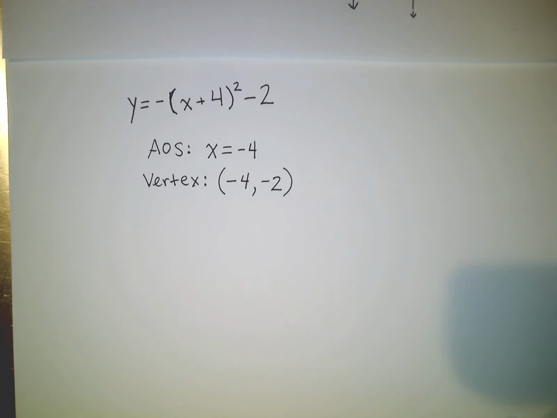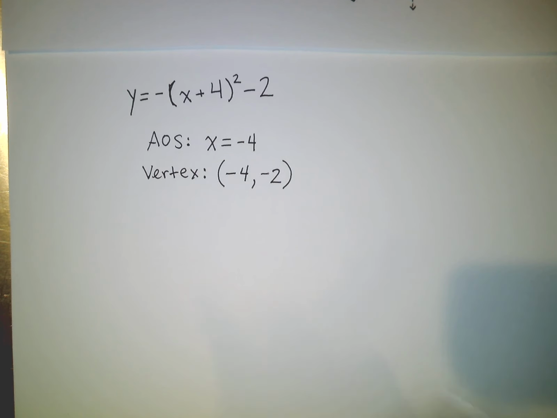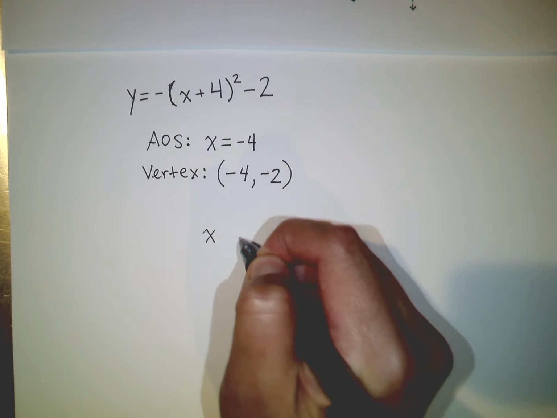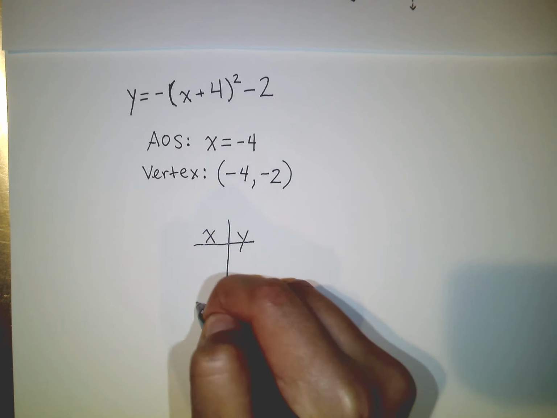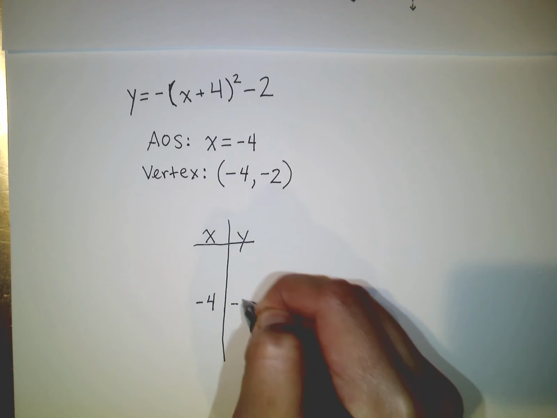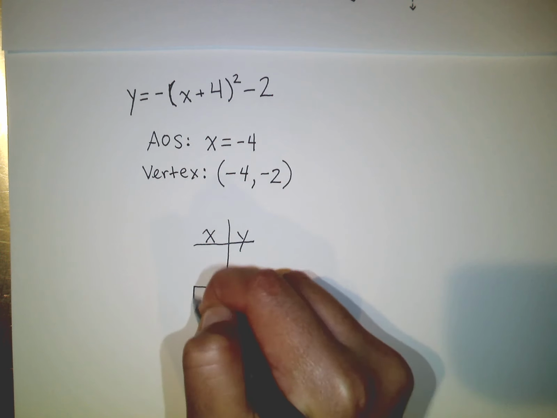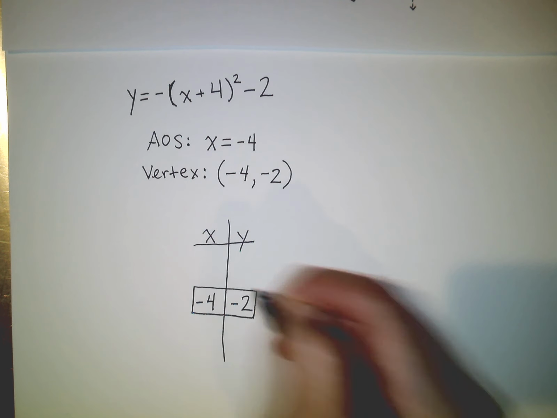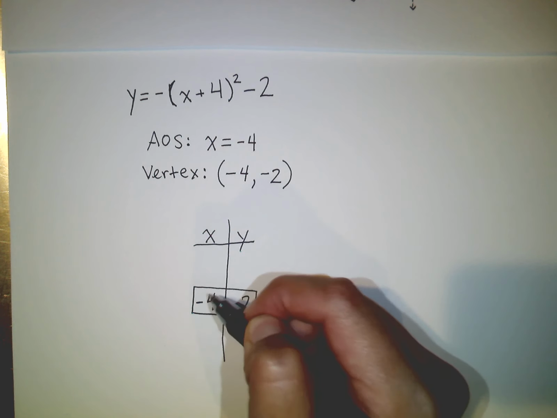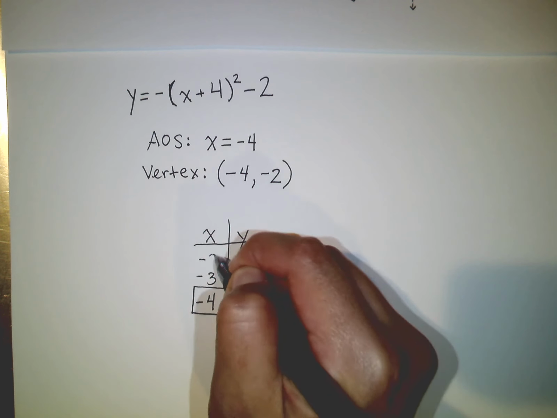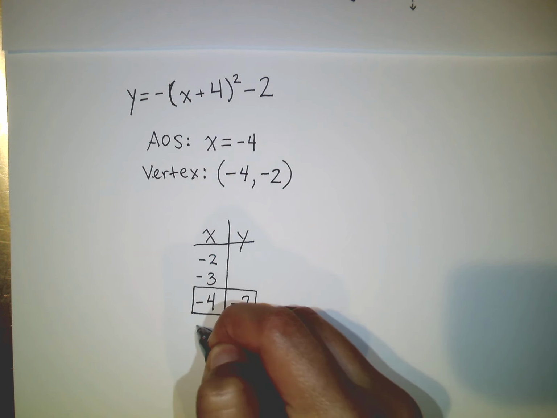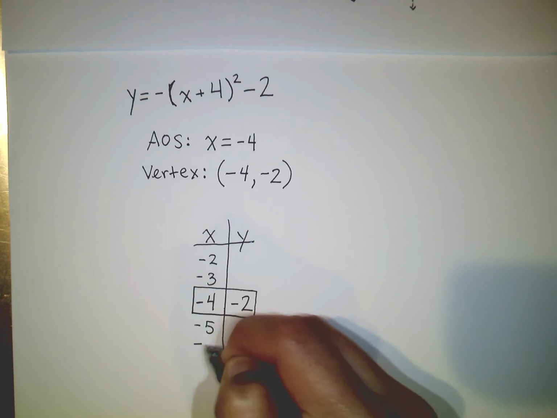From here, it's very similar to what we did with standard form. I'm going to set up my x and y chart. I'm going to put my vertex right in the middle there. I'm going to count forward 2, so 5, 6, and back 2, 3, 2.